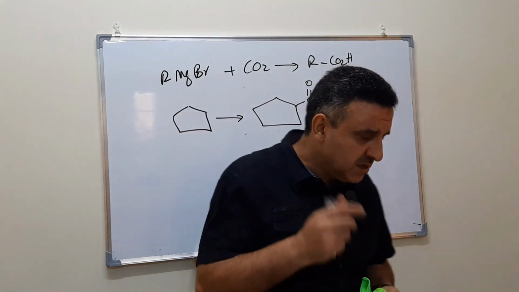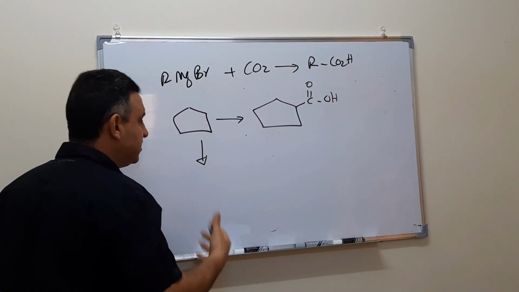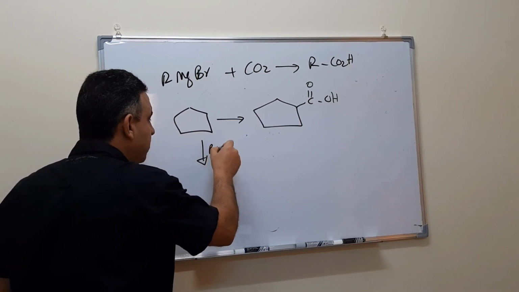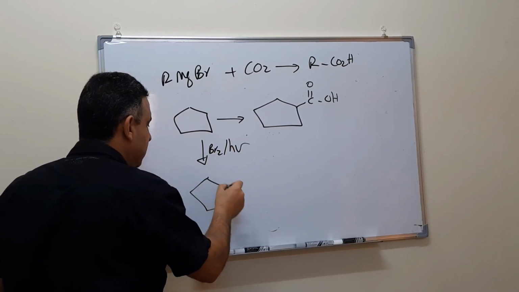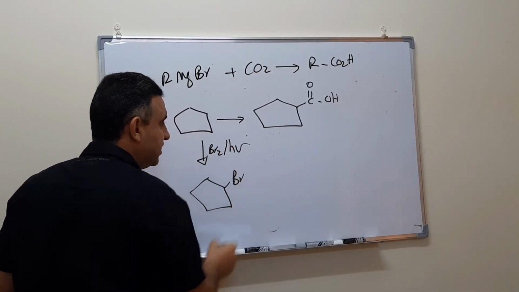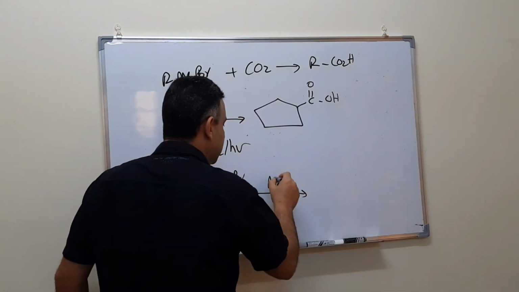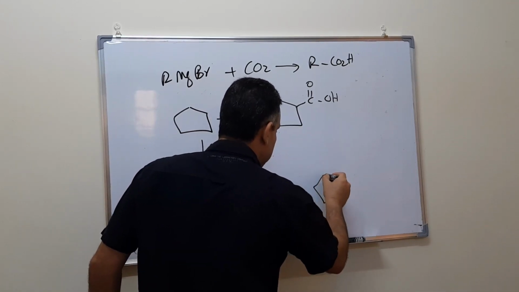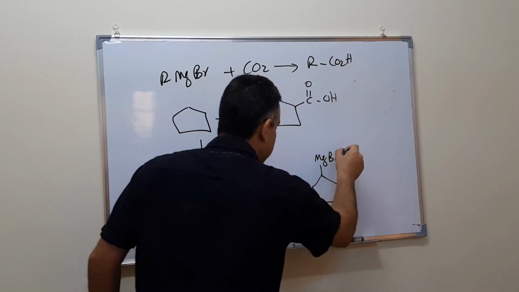That's it. So the question is how to convert this into a Grignard. As we know, since this is a saturated organic compound, the only reaction available to us is halogenation. Once we have halogenated cyclopentane, then by reaction with magnesium in the presence of ether, we convert it into the Grignard reagent.